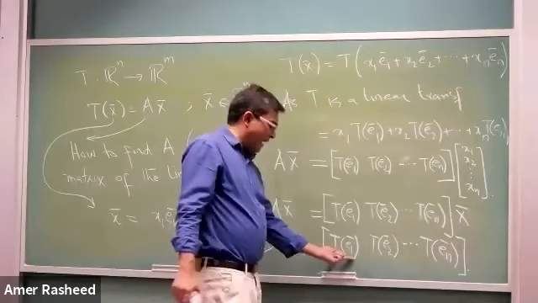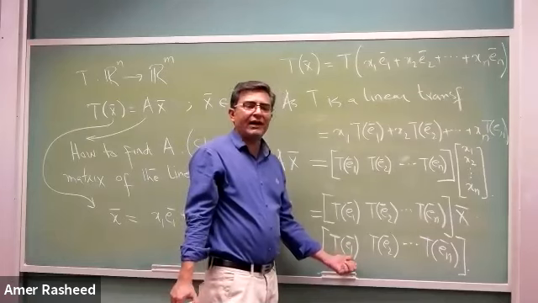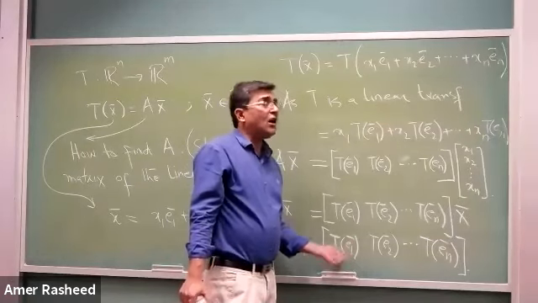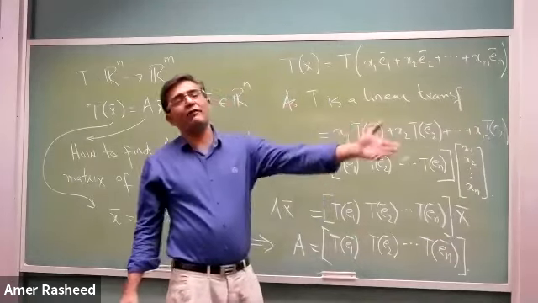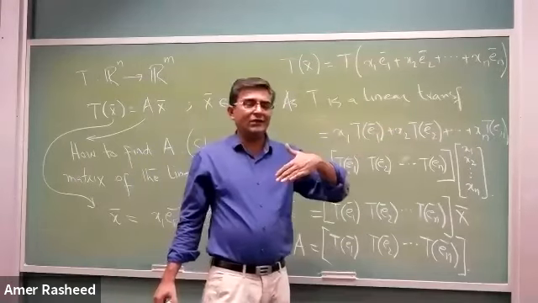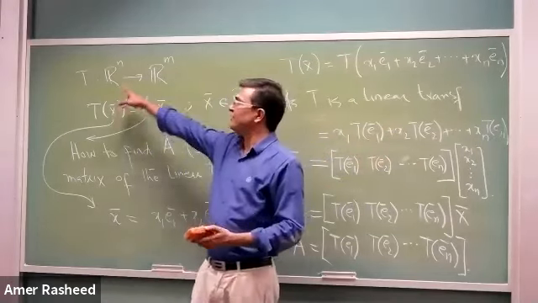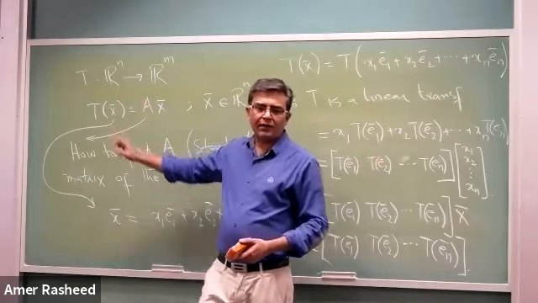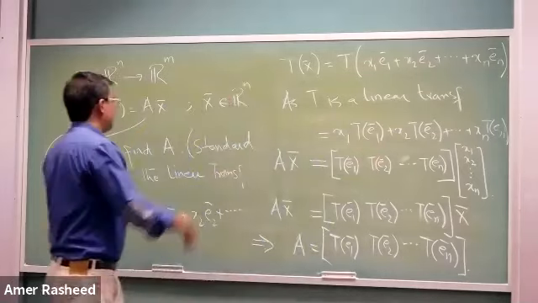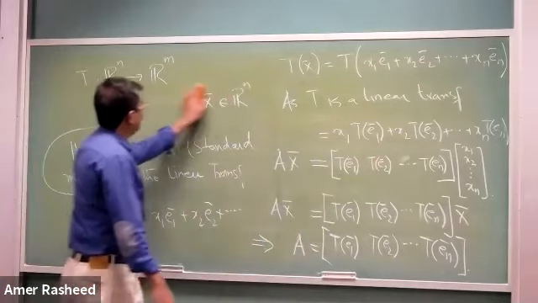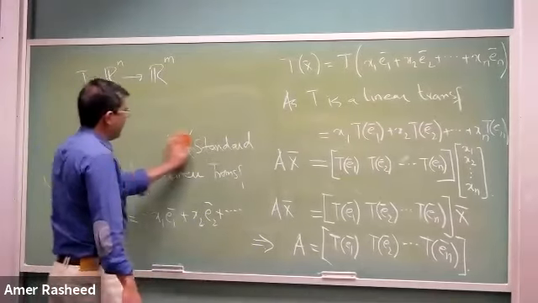This is the image of the first unit vector. T of E1 is basically the image of unit vector E1 under that transformation T, which is given. Now, let us try to find the standard matrix with the help of an example.